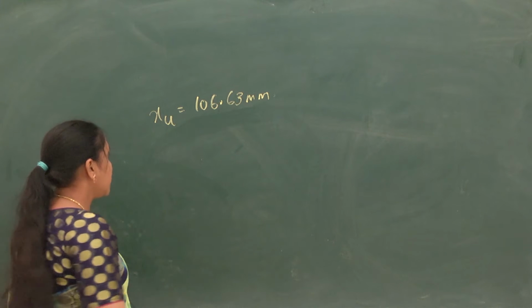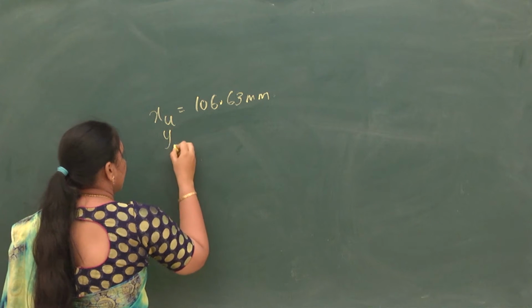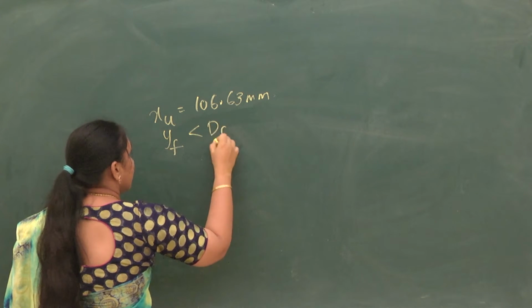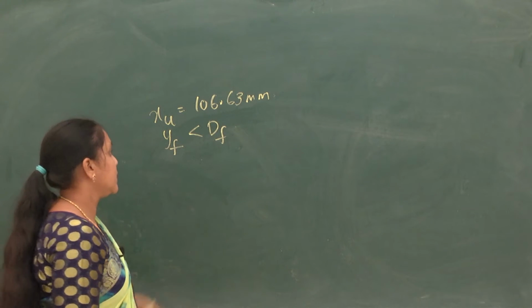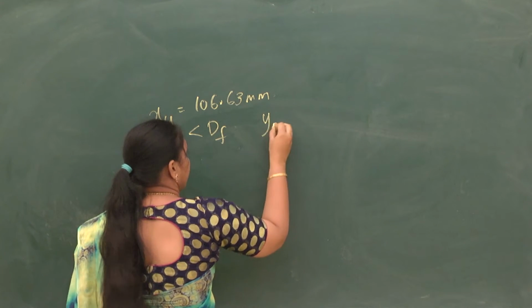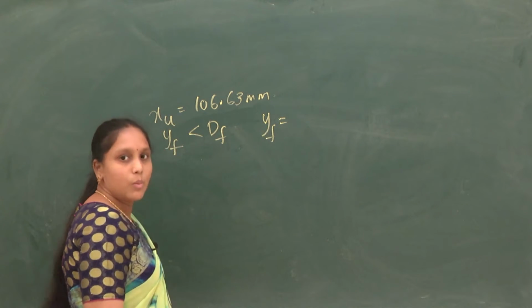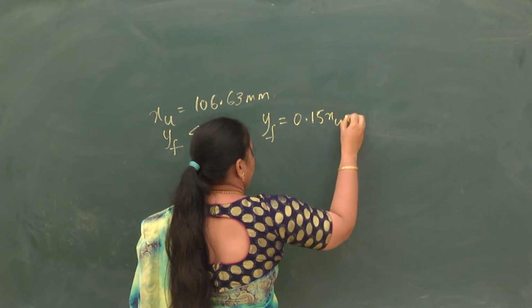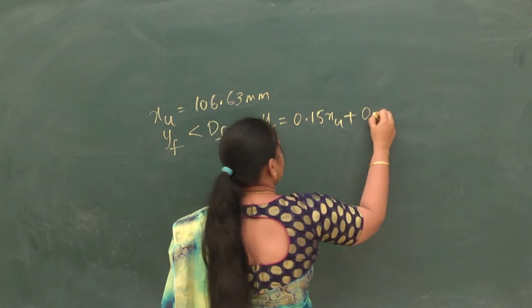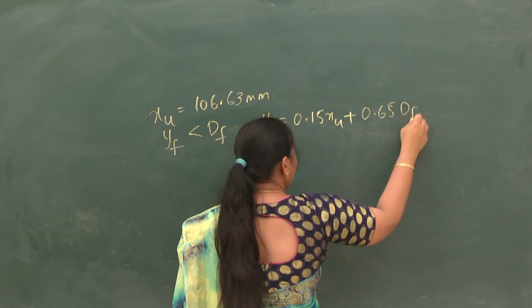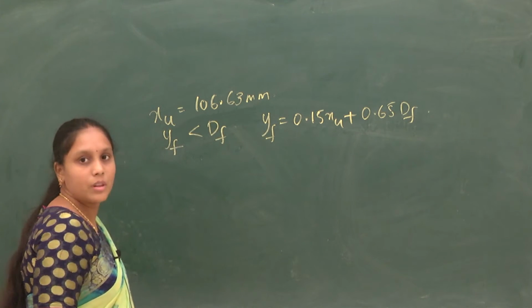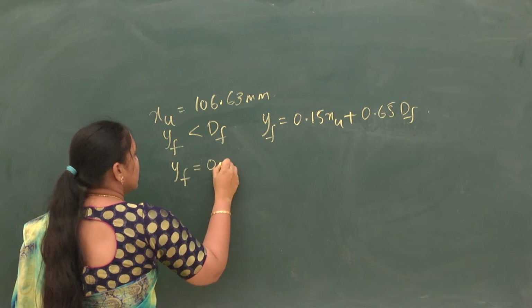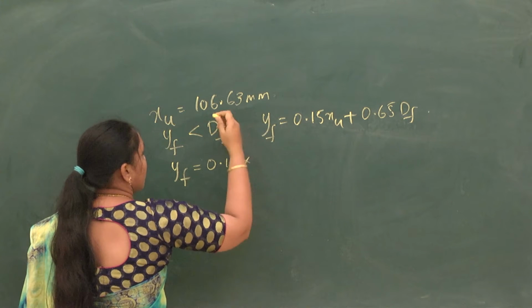Now let us check if YF is less than DF or not. So first let us find out the YF. What is the formula for calculating YF? YF is 0.15 XU plus 0.65 into DF. So YF will be equal to 0.15 into XU. What is the value of XU?